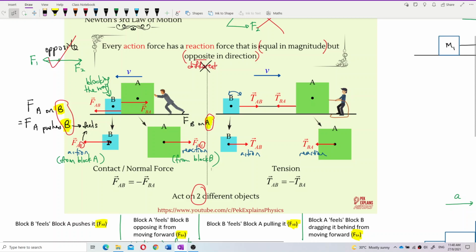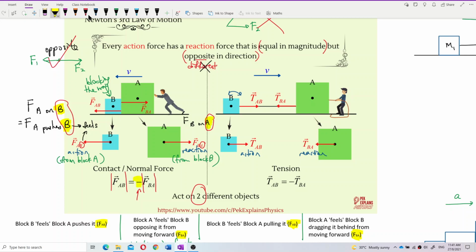No. Even though they have different mass, the action-reaction force they experience is equal in magnitude. You look at here, FAB equals FBA, in terms of magnitude they are equal.